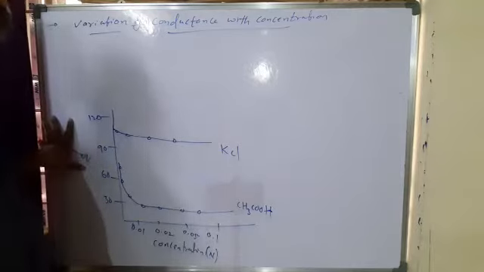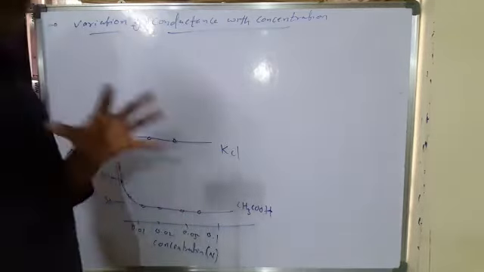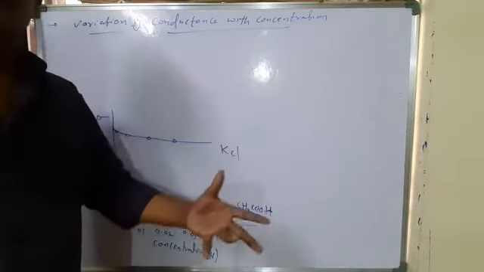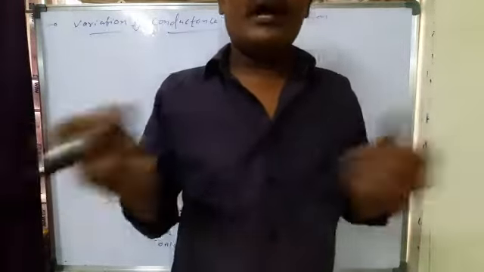The conductance of the electrolytic solution also depends on the nature of the electrolyte, meaning whether it is a strong or weak electrolyte. Strong electrolytes ionize more initially.